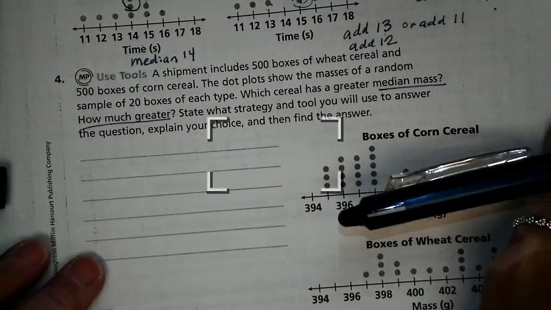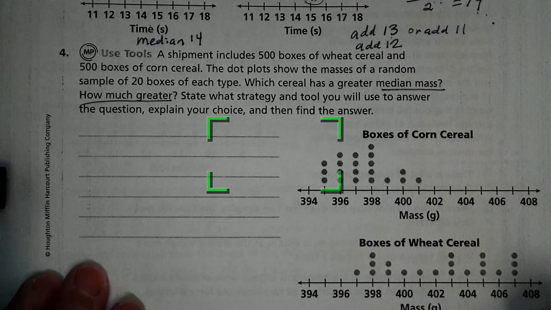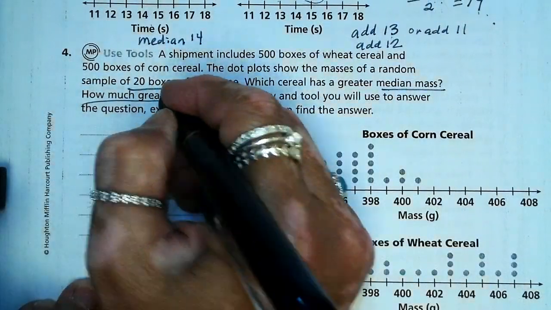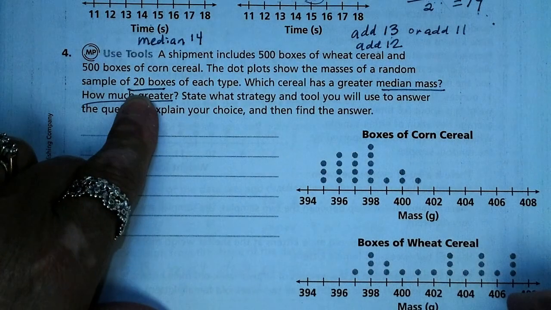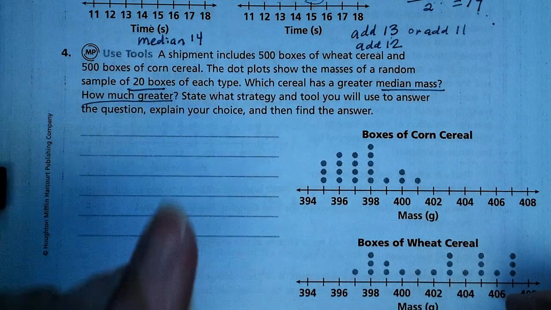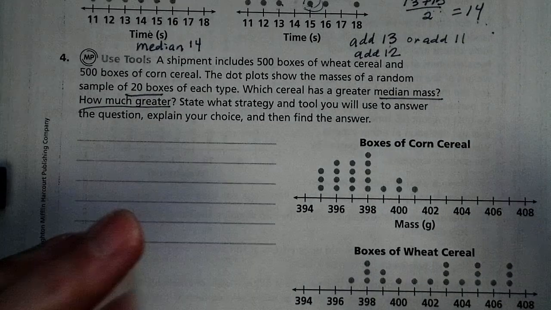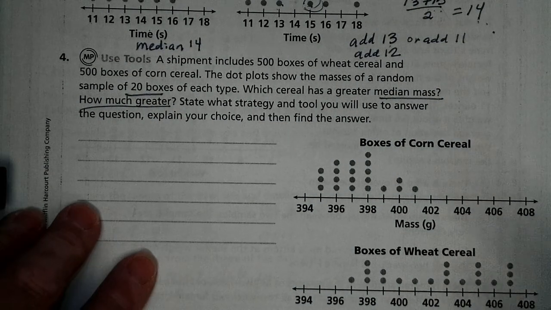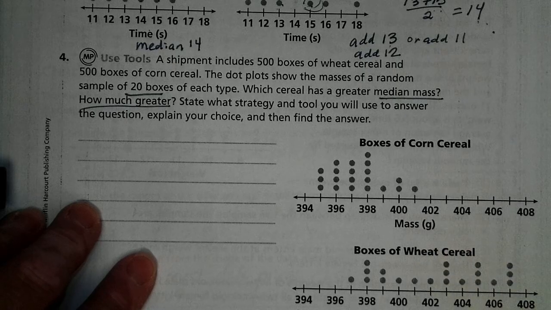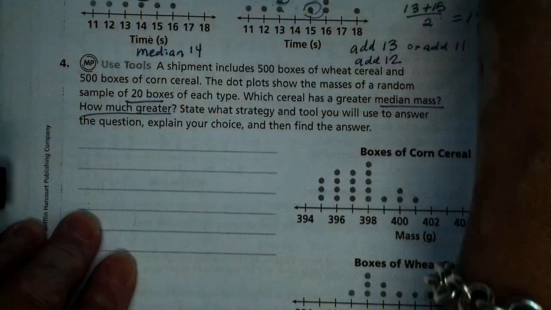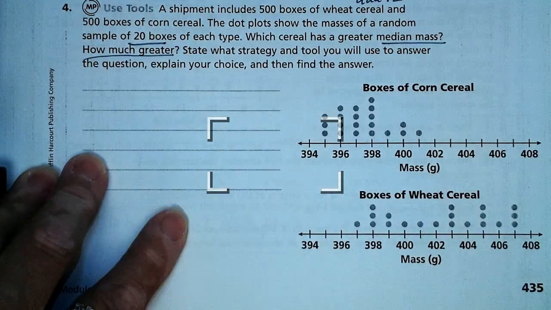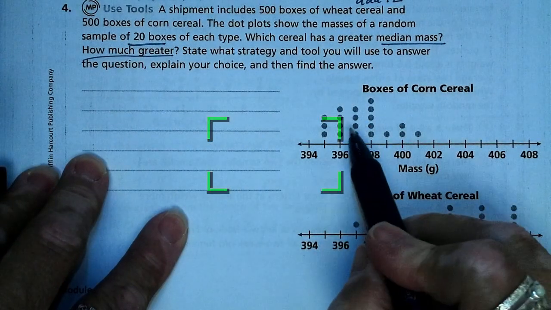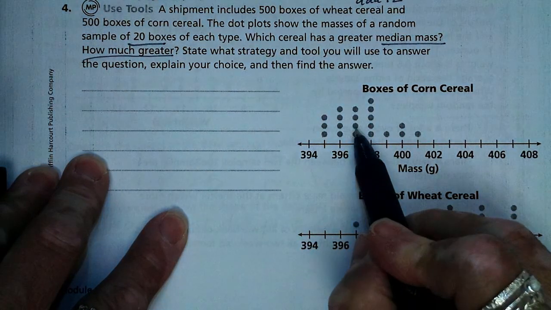All right, so the first thing we got to do is we know that there are 20 boxes, so I can't have 10 and 10 because I wouldn't have anything in the middle. So I'm going to have 9 on one side, 9 on the other, and 2 in the middle because it's an even number. So 1, 2, 3, 4, 5, 6, 7, 8, 9.